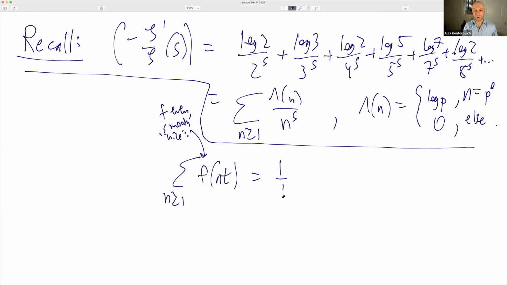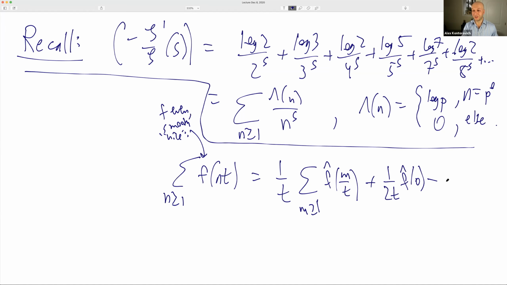This will match 1 over t times the sum over m of f hat of m over t, except that we've taken out the values at 0 and we've divided by 2. So this side will have an extra 1 over 2t f hat of 0, and I moved it to this side. I'm just reminding you what we did last time, half of f of 0.